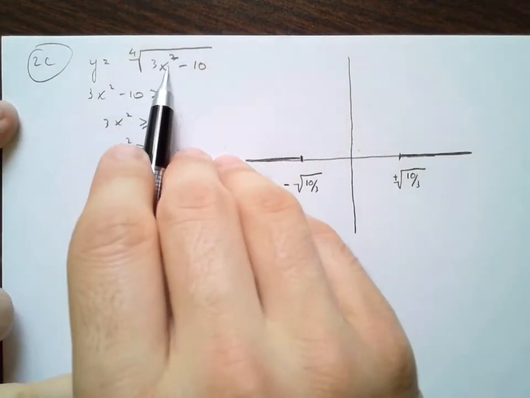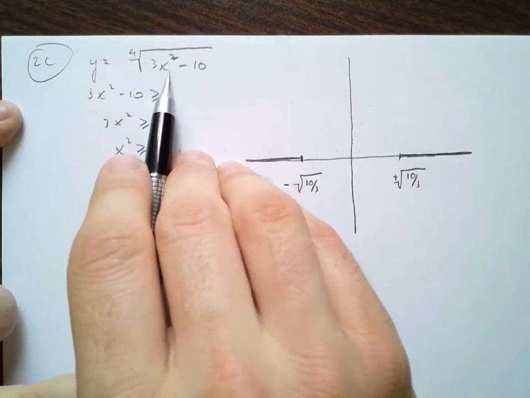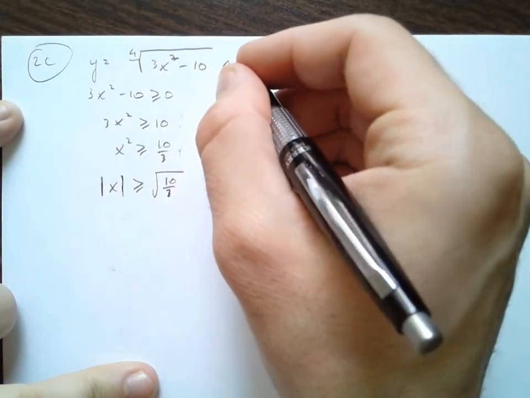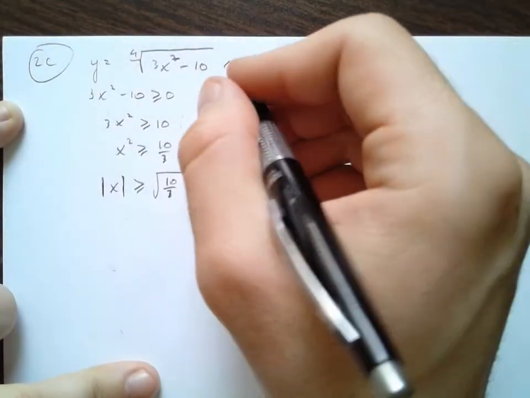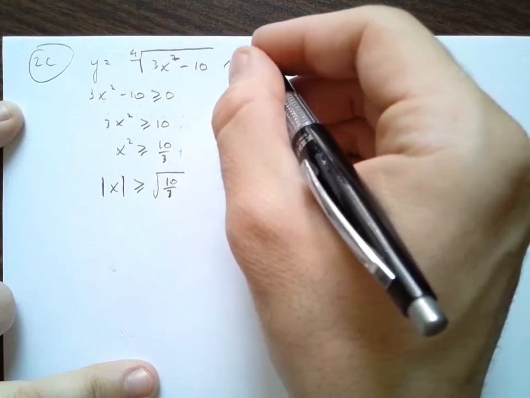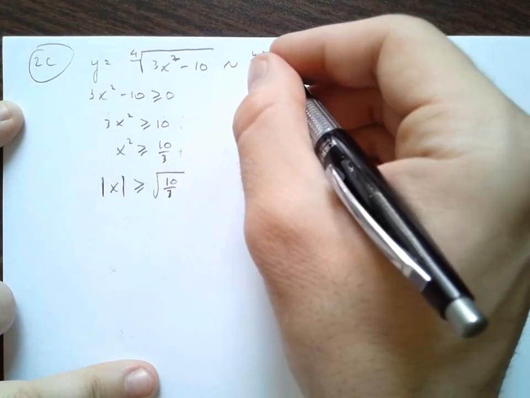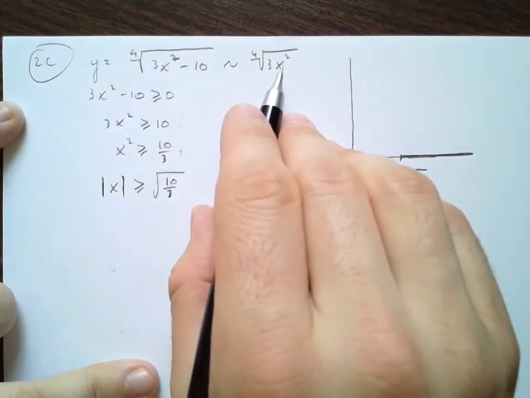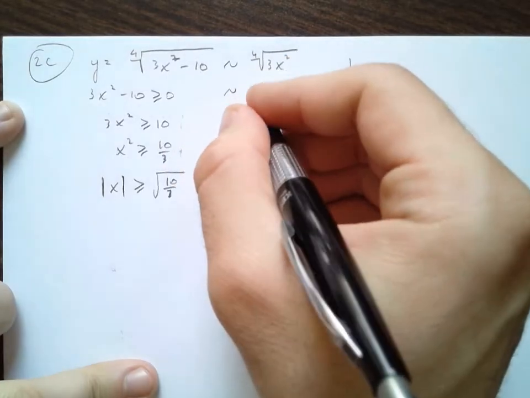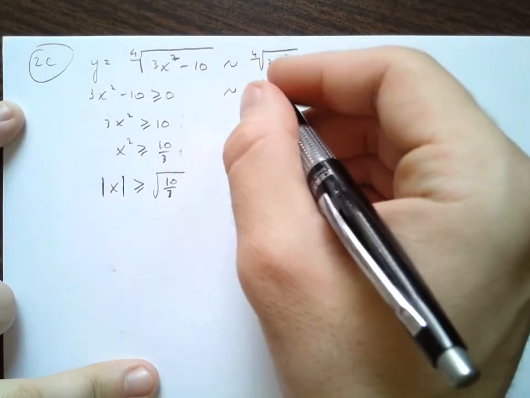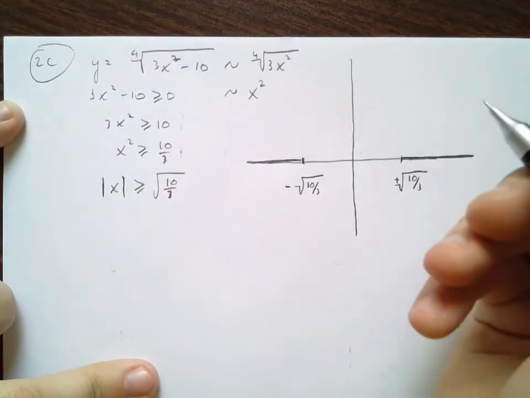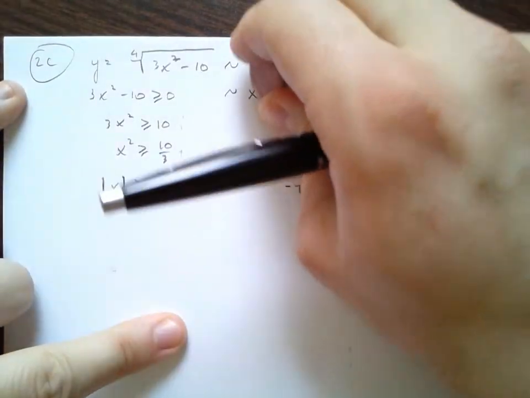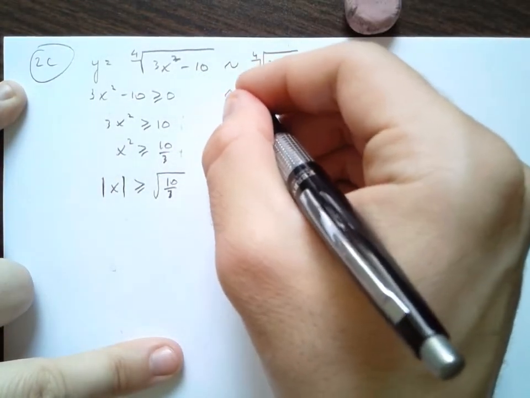Over here I have a square, but then I have a 4th root. As x is large, I can ignore these constants, and I can think of this asymptotically as the 4th root of 3x squared, right? So I ignore the minus 10, and then this is basically asymptotic to, if I forget about that 3, I'm sorry, not x to the second power, the square root of x.